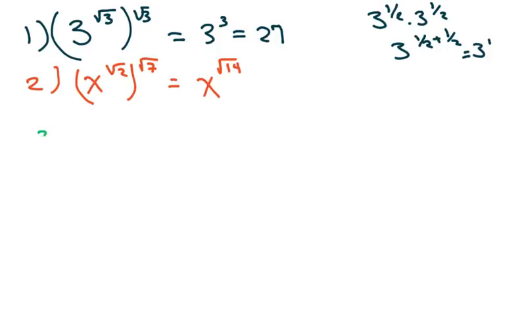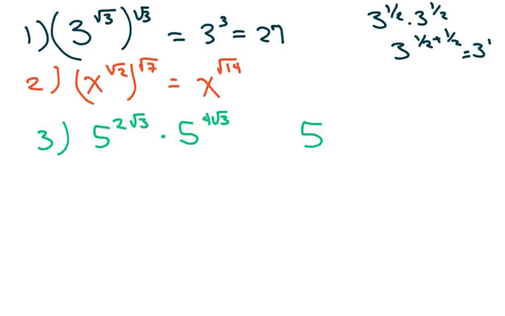Number 3, I have 5 to the 2 square root of 2 power times 5 to the 4 square root of 3 power. So I'm going to use my product property.